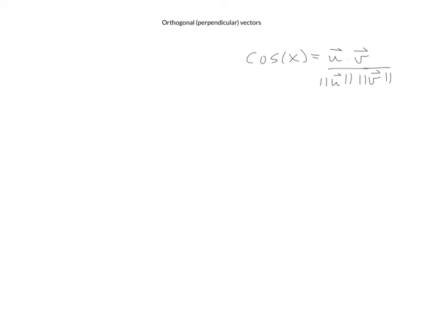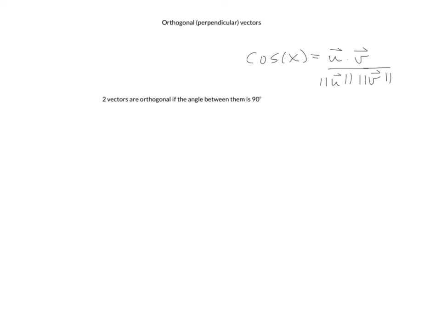One of the things that is a little different about vectors is that when we talk about vectors being perpendicular, instead of using the word perpendicular, we use the word orthogonal, which simply means perpendicular. What we want to do is get some idea of why or when two vectors will be perpendicular. Two vectors are orthogonal if the angle between them is 90 degrees.